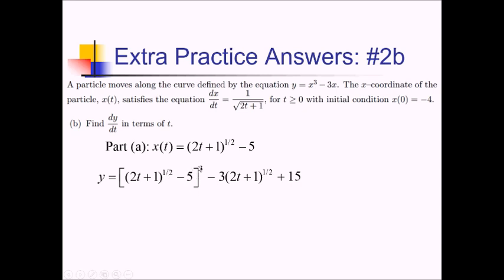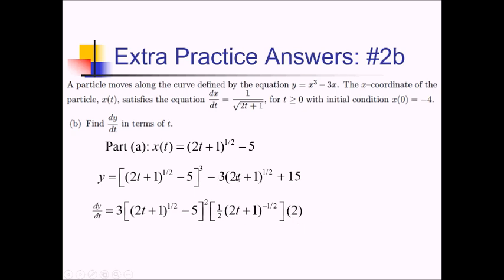That derivative is going to be 3 times the something squared. Now I have to multiply by the derivative of the something. That's the stuff in here. The negative 5 is not going to matter. That's just 0. But this 2t plus 1 to the 1/2, that's going to be 1/2 times all this stuff to the negative 1/2 times the derivative of 2t plus 1, so another chain rule. So that's times 2 when all is said and done.